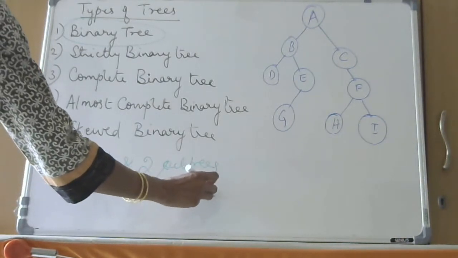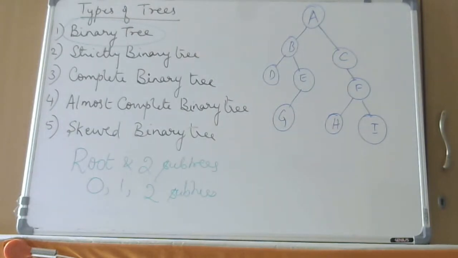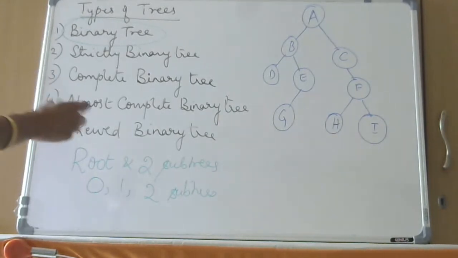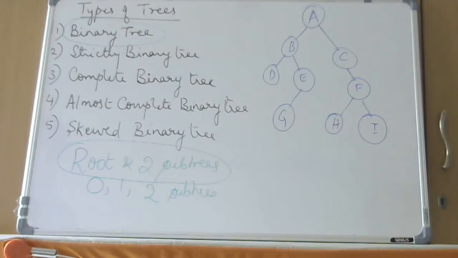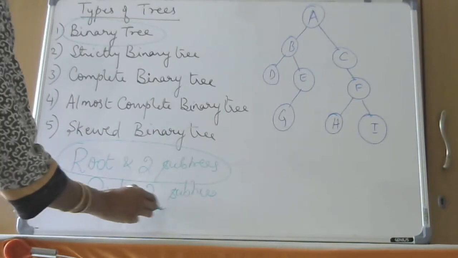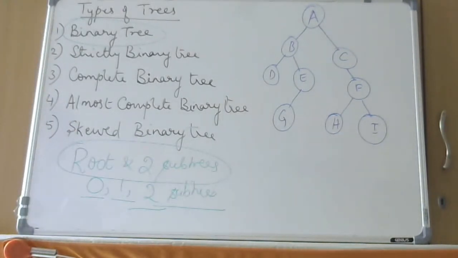You call it a binary tree. Any level can have at most 2 nodes. That's all. So the binary tree is either empty or consists of a root and 2 subtrees. That means every node has either 0 or 1 or 2 subtrees. That is the meaning of a binary tree.